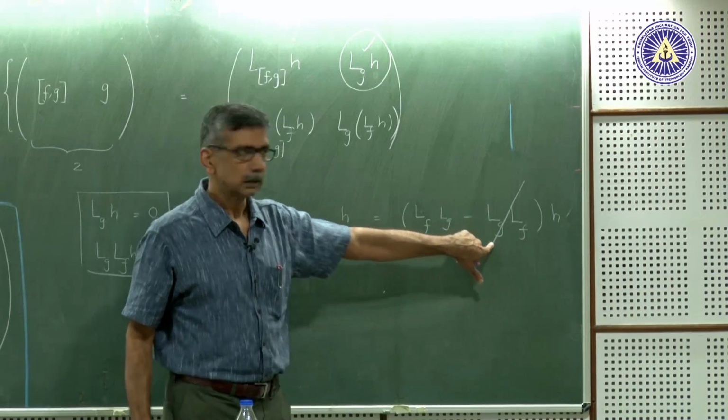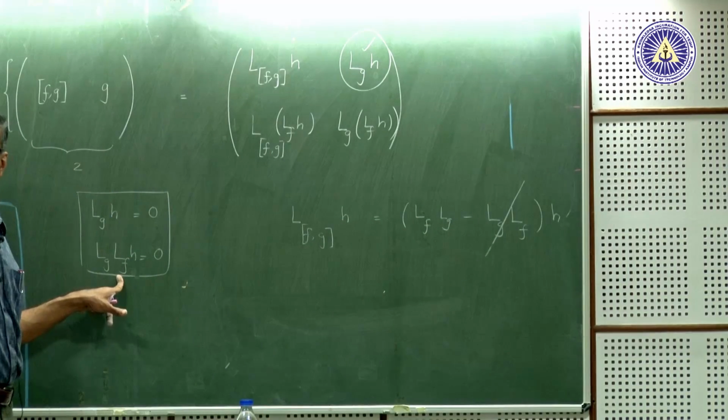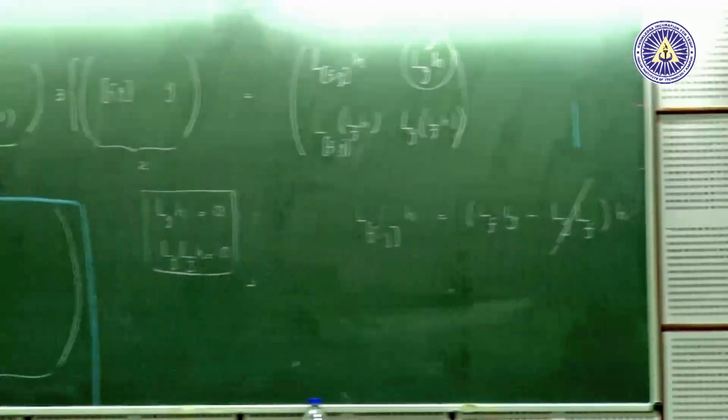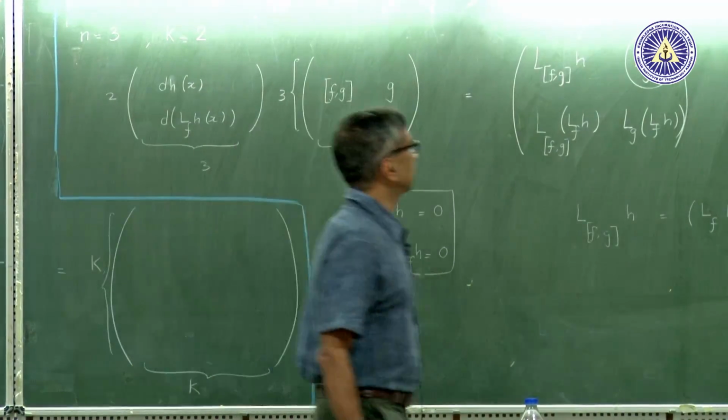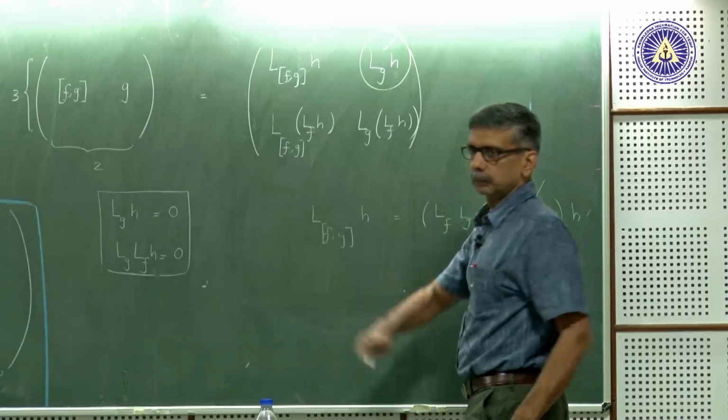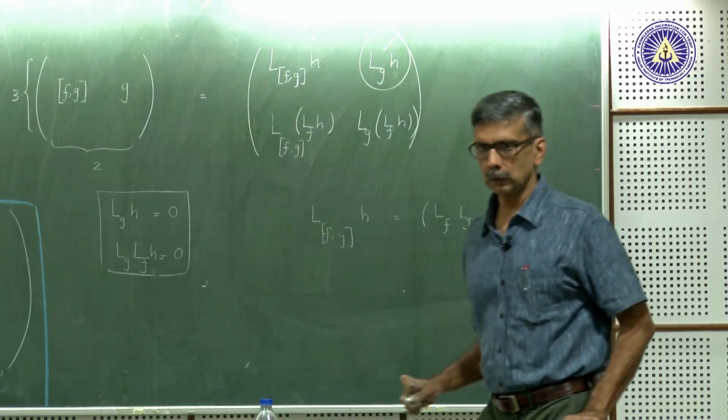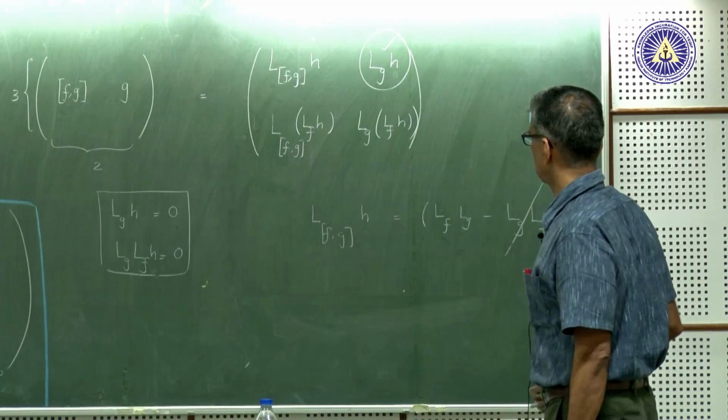Is this from here because of this, right? Yes, when both are there, then both the right hand sides are 0, that will be 0. Definitely.